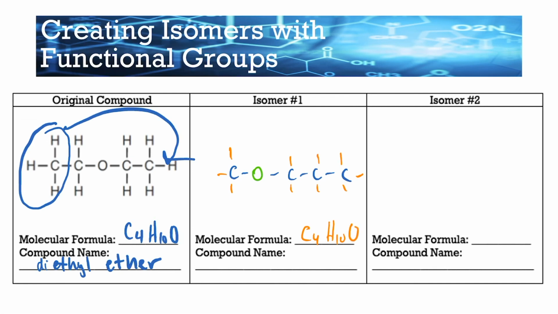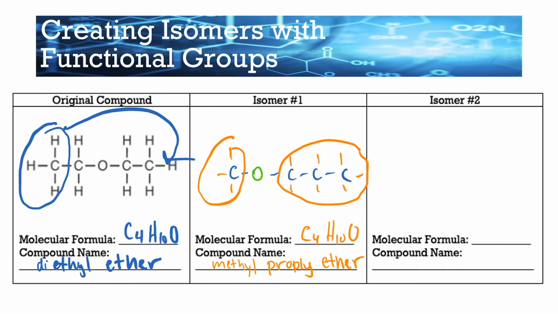But now when we're naming this, this branch is methyl. This branch is now propyl because we have three carbon chains. So it'll be methyl propyl ether. Again, pretty much a tongue twister, but pretty cool.